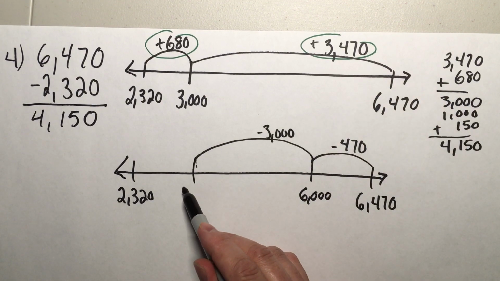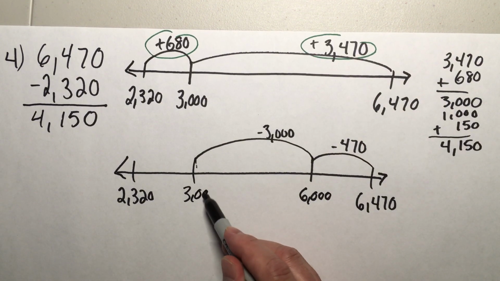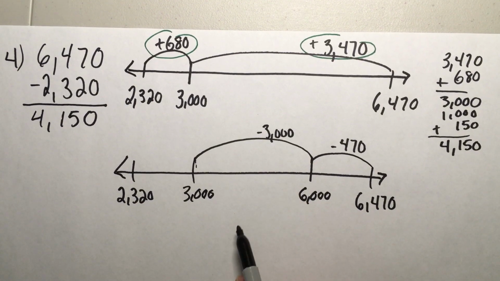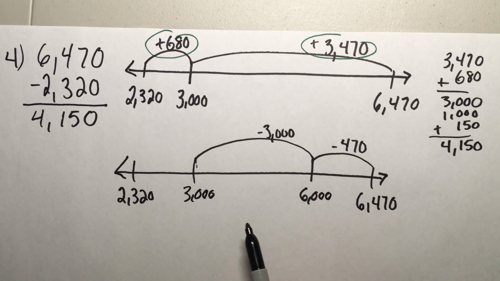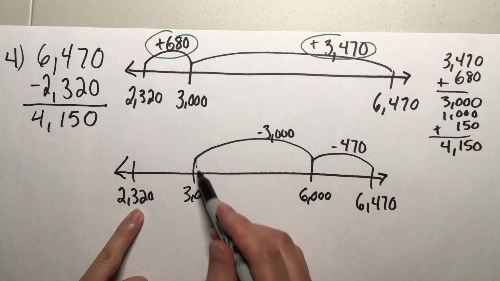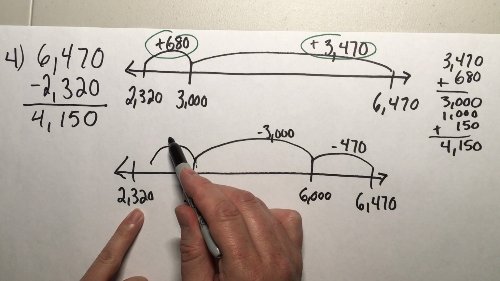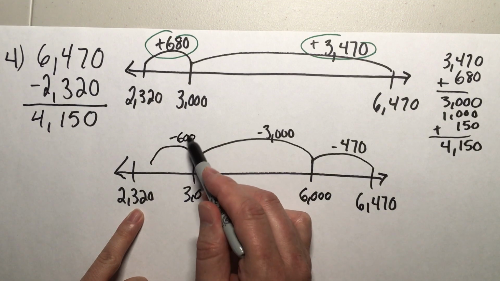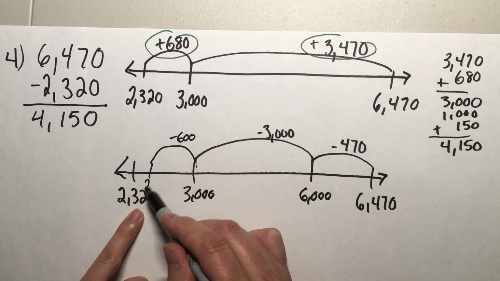Well, that's what I want to do. You can do whatever you want. You can go ahead and go by ones if you want to. It might take you a lot of paper, but you'll get there eventually. Okay, so I want to take away 600 to get to 2,400.